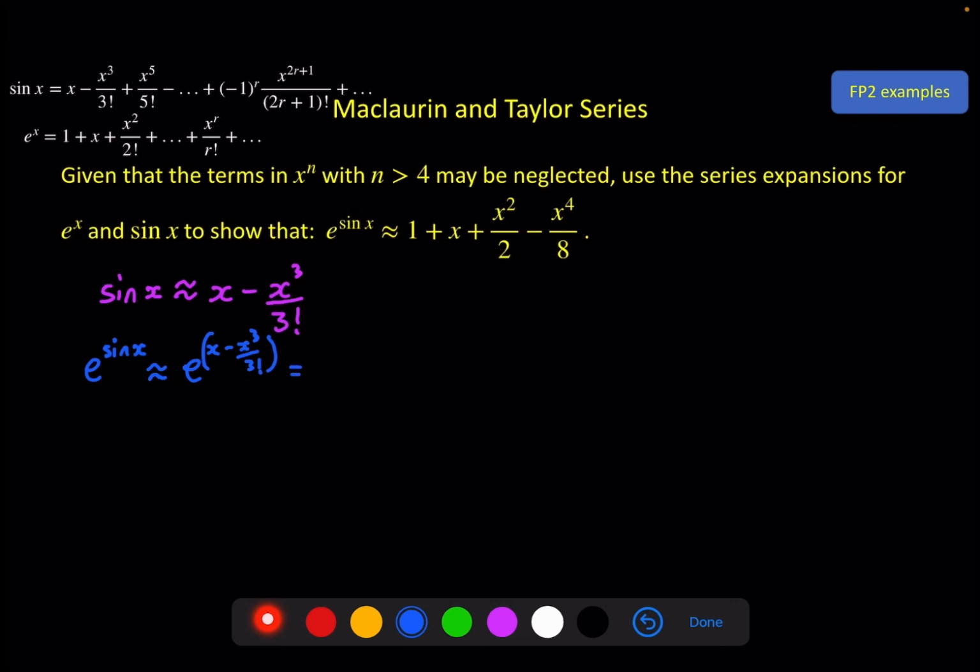So this is equal to 1 plus x, but it's not x anymore. Remember, it's this whole bracket here. So I've got x minus x cubed over 3 factorial, which is a 6. And then plus x squared over 2 factorial, but again, it's not really x squared, it's this whole bracket.